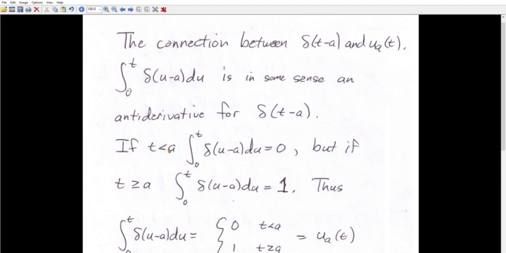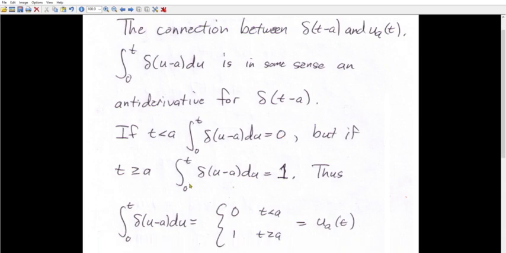If t is less than a, the integral from 0 to t does not include a, delta never turns on, and we get 0. But if t is bigger than or equal to a, a is in this interval, delta turns on at a, and we get 1. So if t is less than a, we're getting 0.